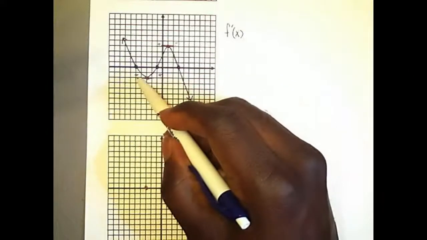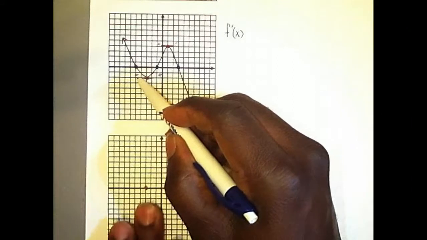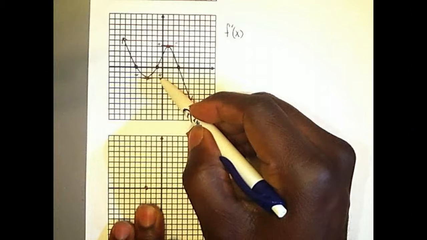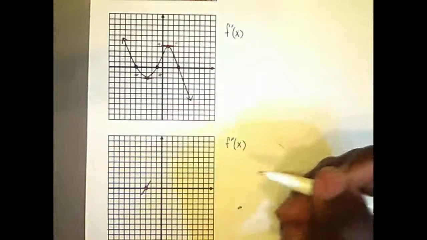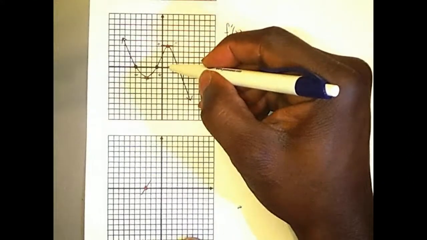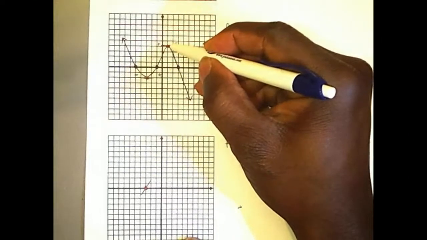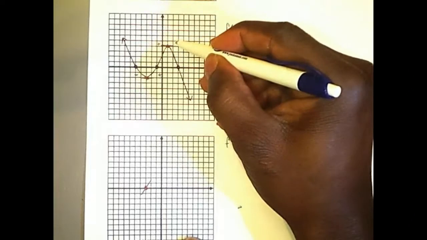And this tells us that the graph has to be drawn below the x-axis before this point and above the x-axis after this point. So our graph would have to look like this. Similarly, at x equals 1, we see that we have another horizontal tangent line, and the slopes are positive before, negative after.